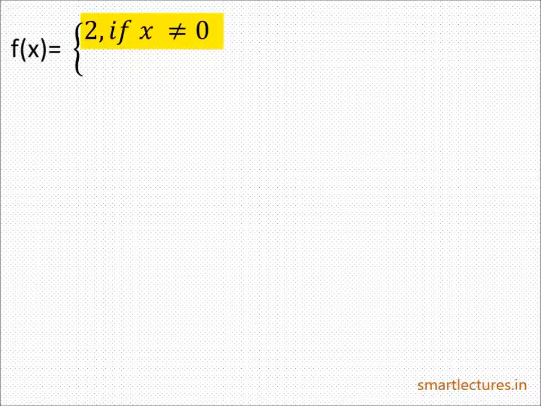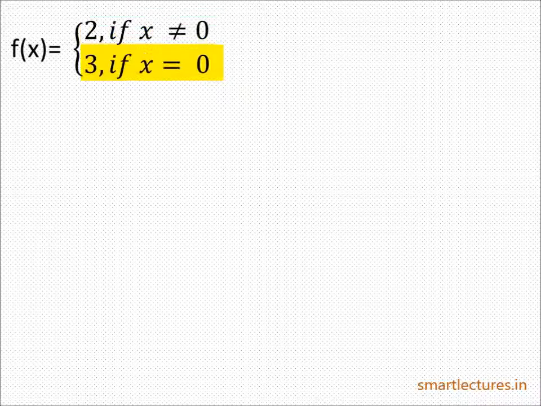Now let's consider one more function. In this function, f of x is equal to 2 where x is not equal to 0, and f of x is equal to 3 where x is equal to 0. Now if we look carefully at the definition of this function, you will find that this function is defined for all values of x.